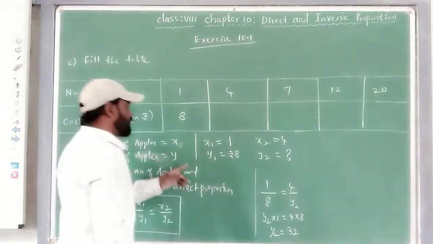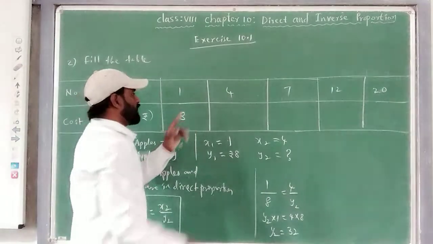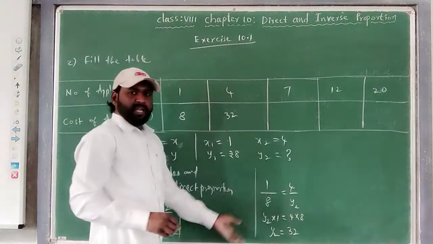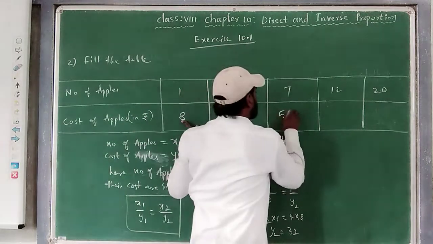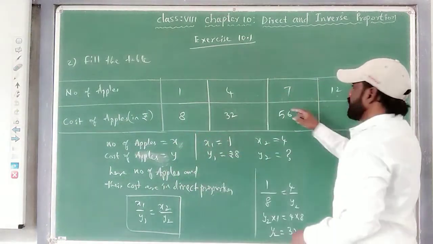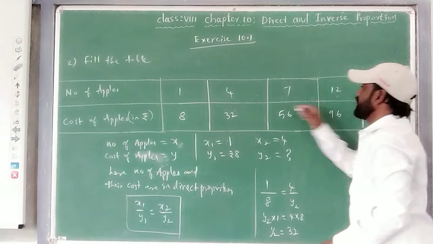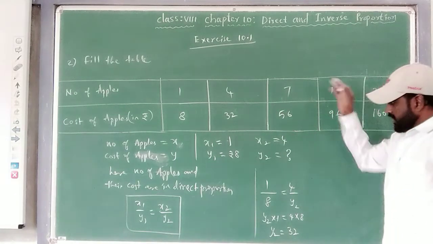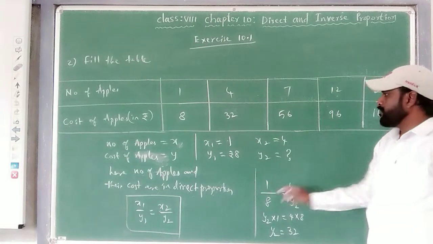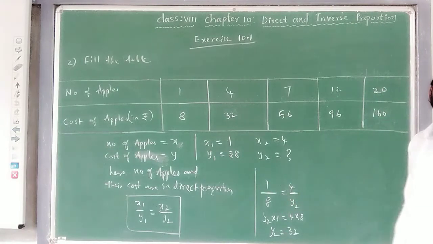That means y2, the cost of 4 apples, is 32. In the similar manner, you can easily find out. 7 into 8 is 56. 12 into 8, 12 8s are 96. 20 into 8 is 160. Simply you can substitute in this and multiply with 8, you will easily find out.